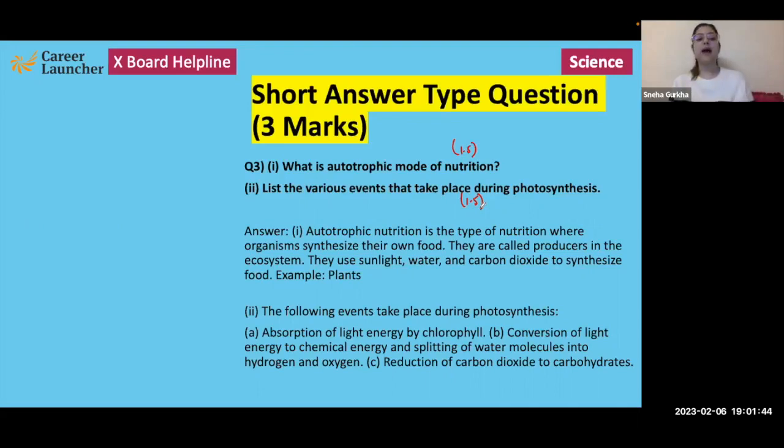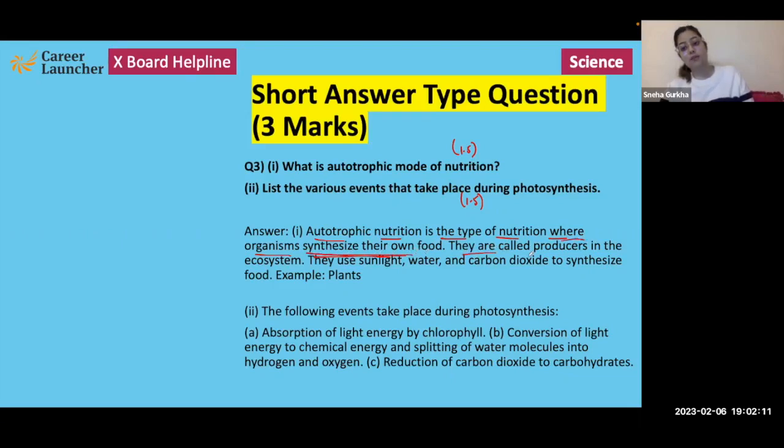So basically, they are the producers of the ecosystem. They produce food, and they are not dependent on any other organism for food. Rather, other organisms are dependent on them for food. So that's what we have written in the answer. Autotrophic nutrition is the type of nutrition where organisms synthesize their own food.